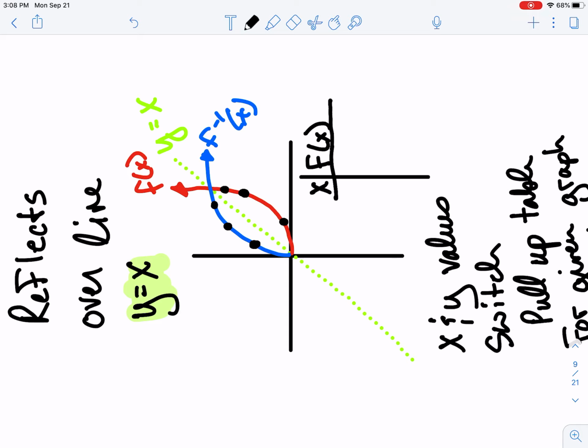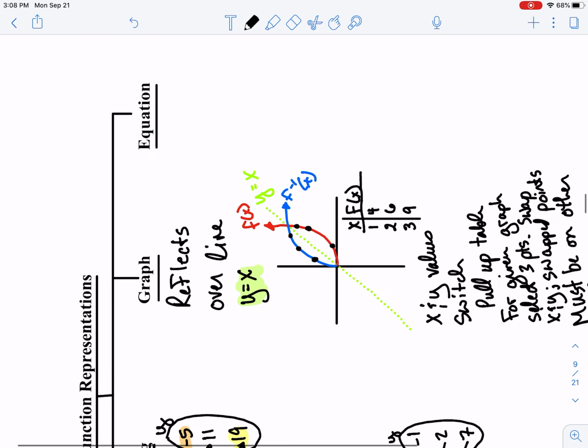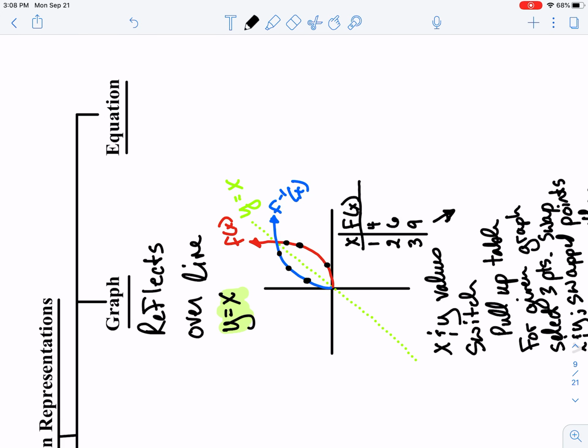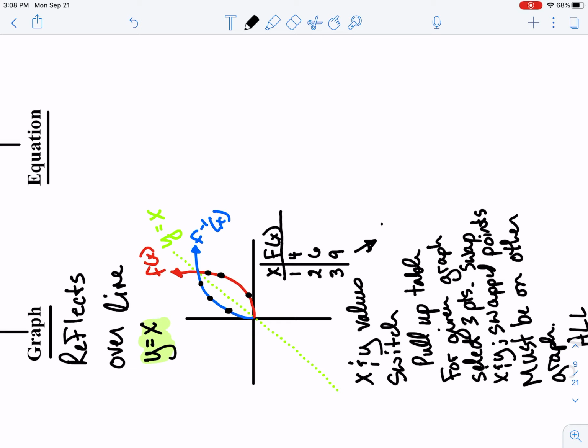So say 1, 4, 2, 6, 3, 9. That would mean that the inverse should have the points 4, 1, 6, 2, and 9, 3 in it. If it didn't, then they're not inverses.